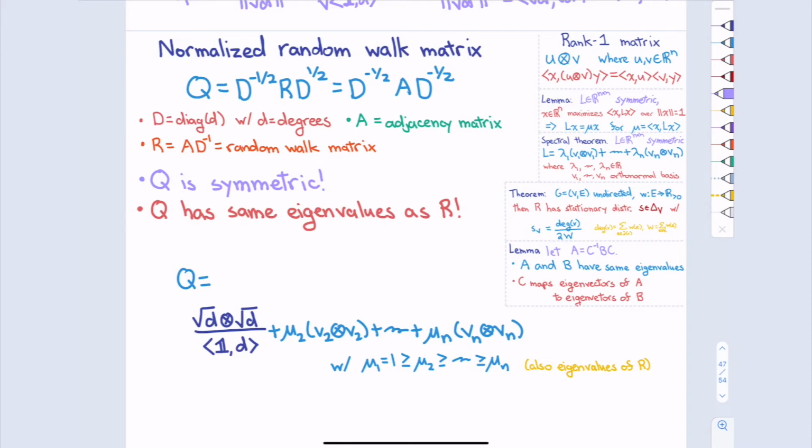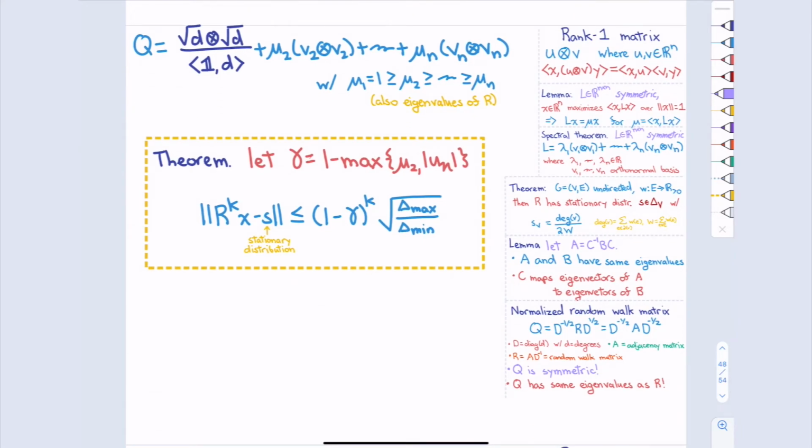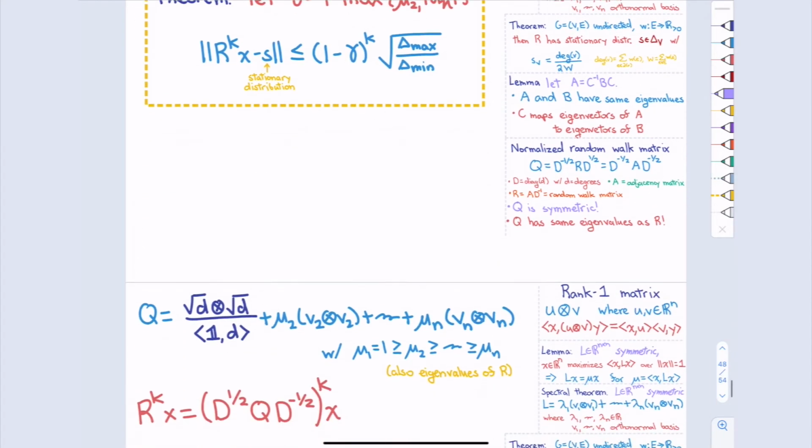We even know what the first eigenvector looks like. We're going to use that to try to prove this theorem, which is the whole point of our discussion.